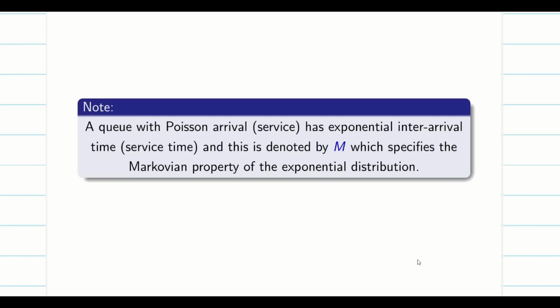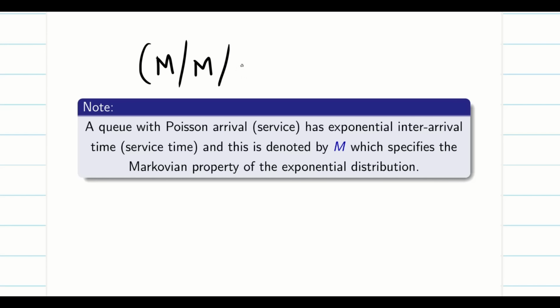Now, throughout our unit, we are going to assume the queue has a Poisson arrival rate. Okay, A is always going to be M. It is denoted by M. The arrival rate is Poisson and the service rate is exponential. Inter-arrival time, all those things we say.